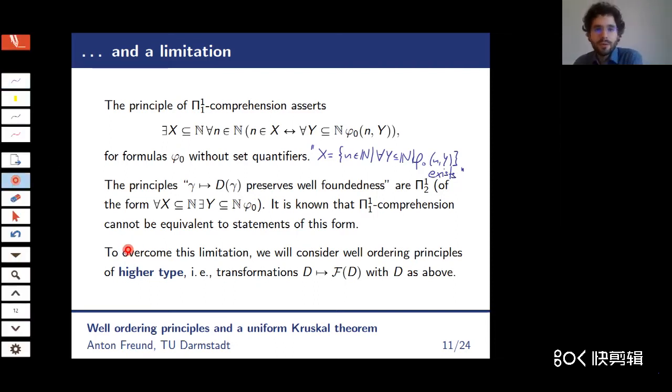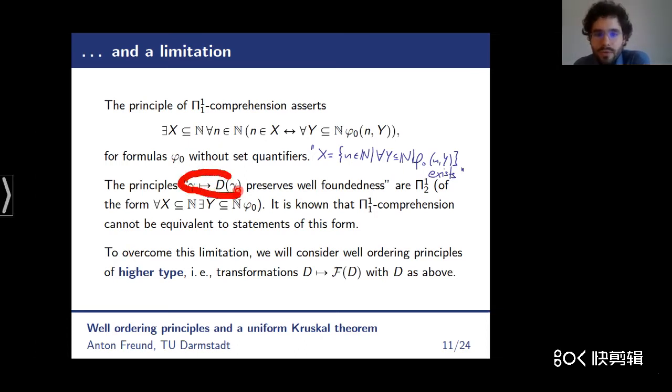And now the point that I want to make here is that these well-ordering principles, so some transformation gamma goes to T of gamma preserves well-foundedness, are always what one calls a pi-1-2 statement. So this means they are a statement of the following form: for any subset X of the natural numbers, there is a subset Y of the natural numbers such that some property without further set quantifiers holds.